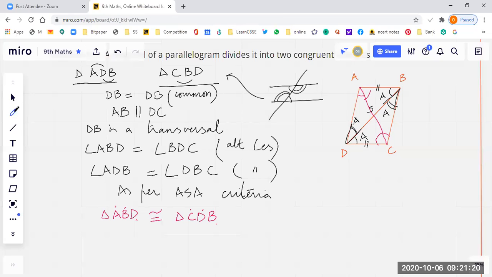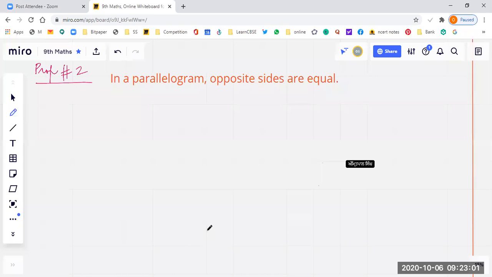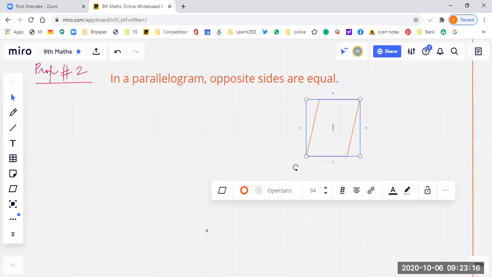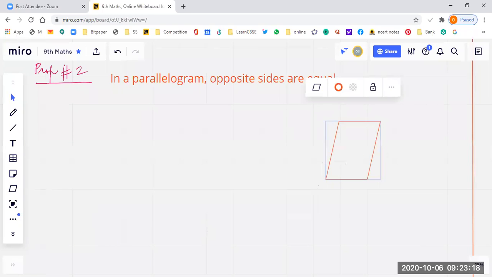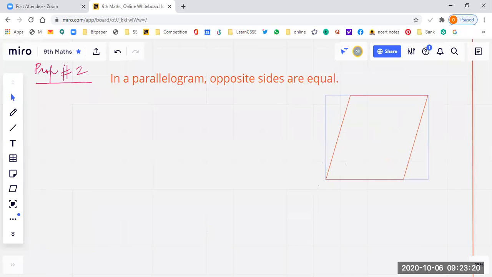Okay. So the first property is done, yes, students. The second property of a parallelogram is: in a parallelogram, opposite sides are equal. How can we prove it? Actually, we have already proven it. How? When we took a parallelogram, and in that parallelogram we took a diagonal, right? Let's say this is a diagonal.